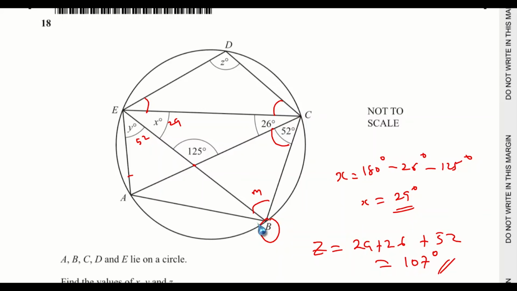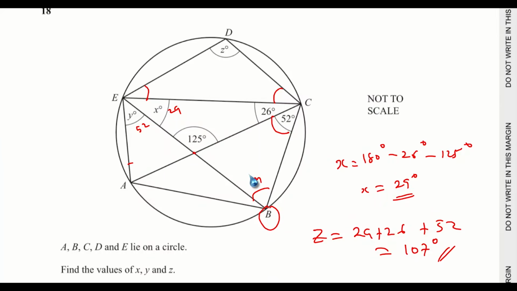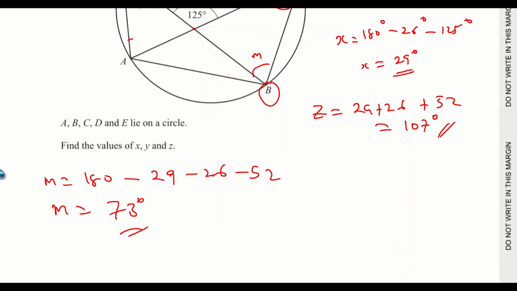But let me explain it for clarity's sake. I have to find angle M. Angle M will be equal to 180 minus 29 minus 26 minus 52. So M will be equal to 73 degrees. That will be the value of M here.